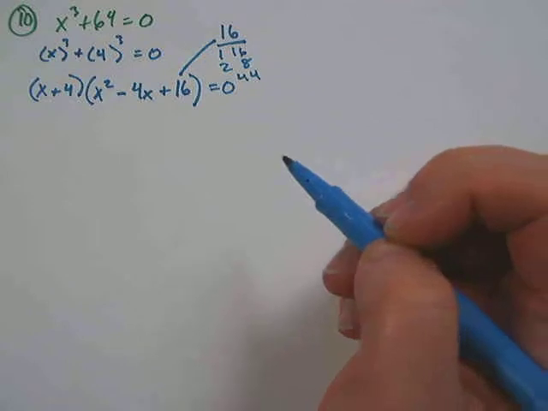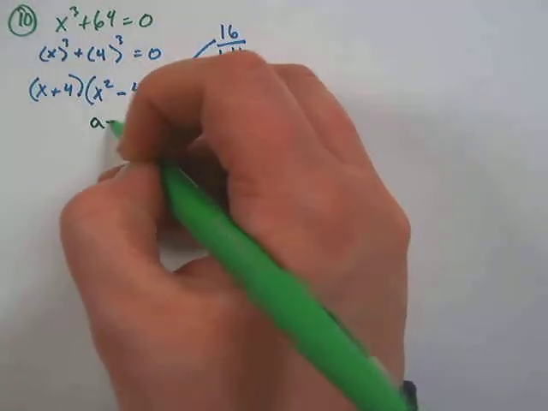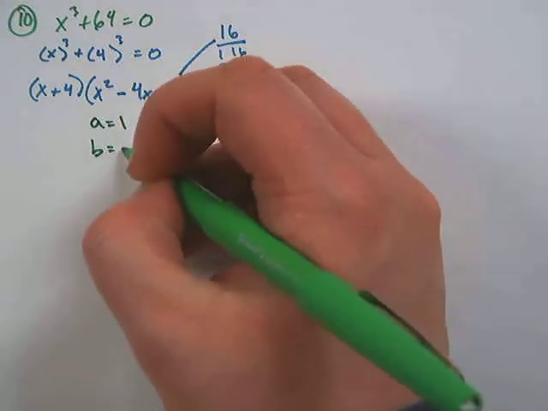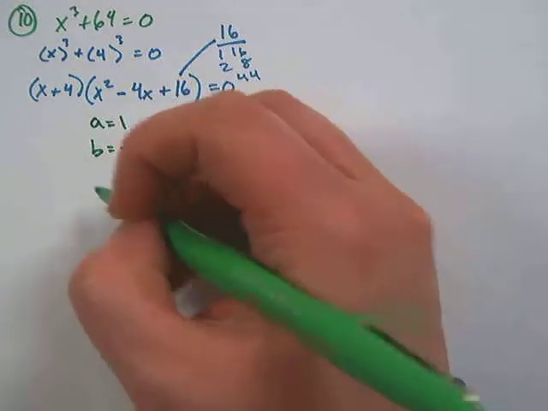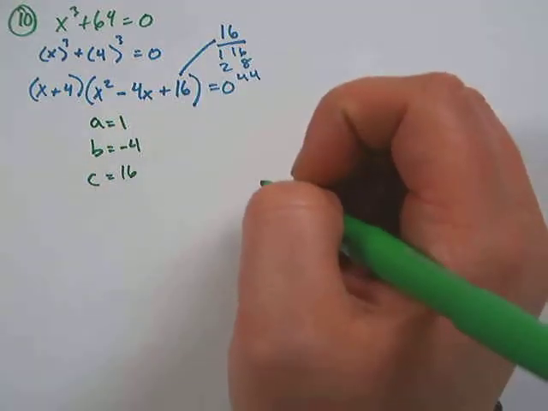So for the quadratic formula, we have a is 1 since we have 1x squared, b is negative 4 since we have negative 4x, and c is 16 since that's our last term.